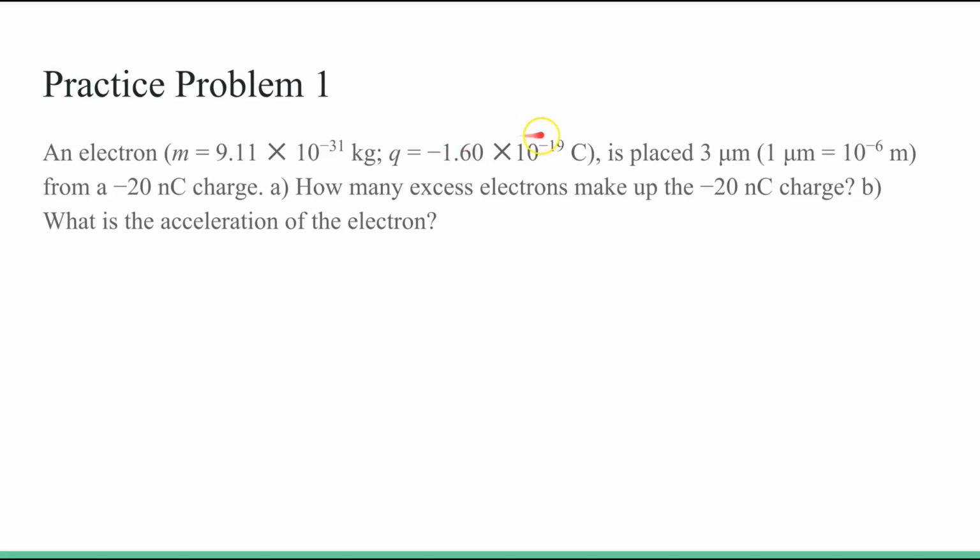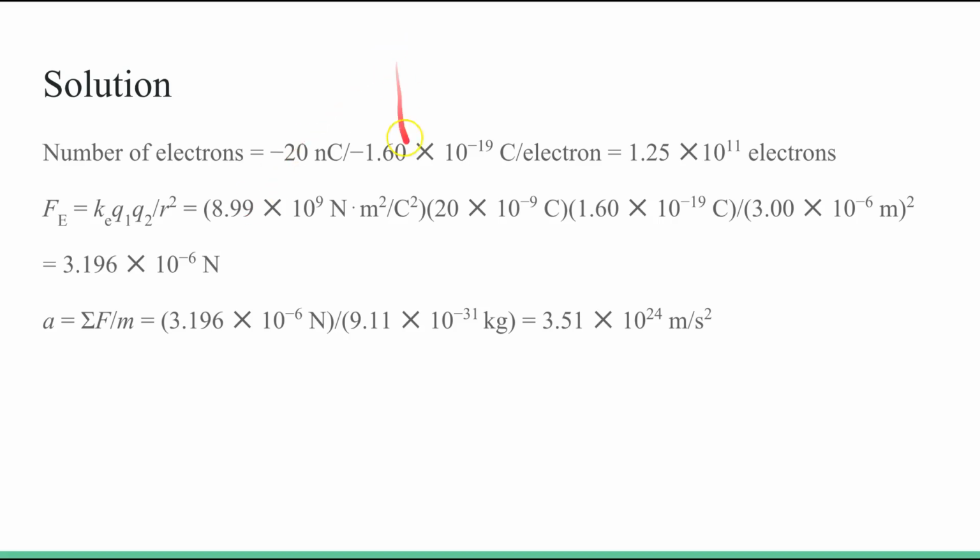Because you have an excess number of electrons, since this is a negative charge. If you multiply this charge times some number of electrons to give you an excess amount of charge, then you could easily use some algebra and divide by this number, negative 1.6 times 10 to negative 19 coulombs per electron.